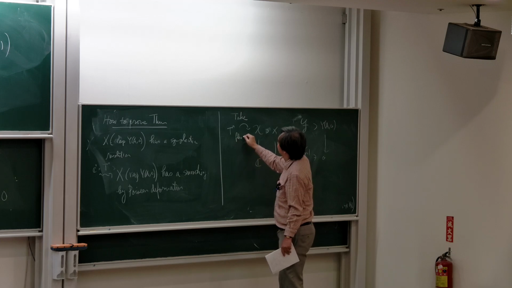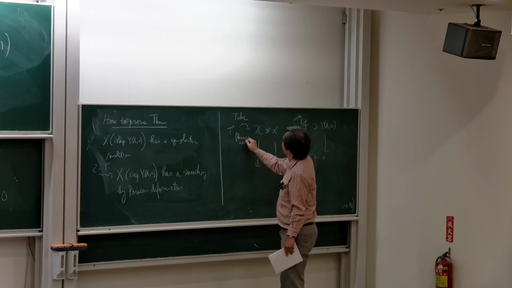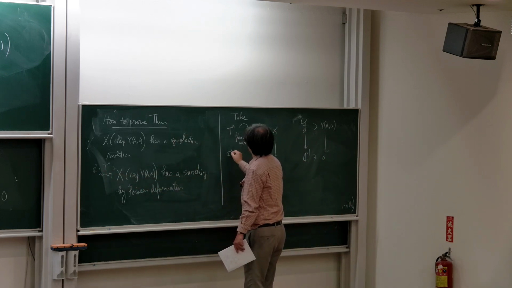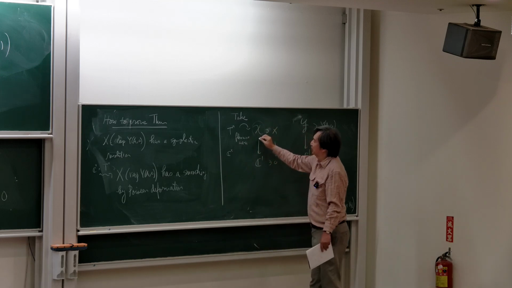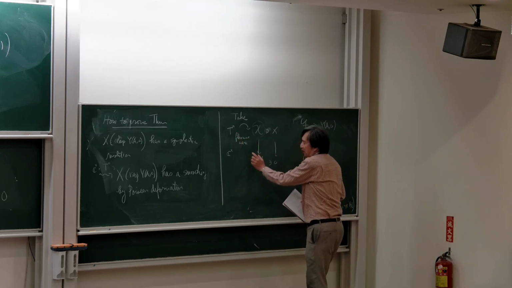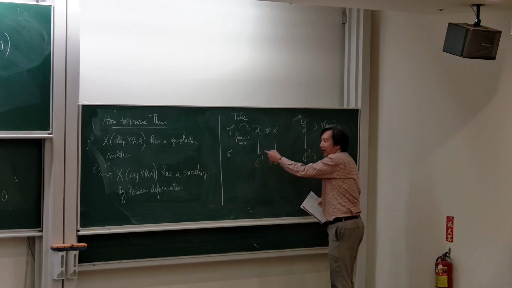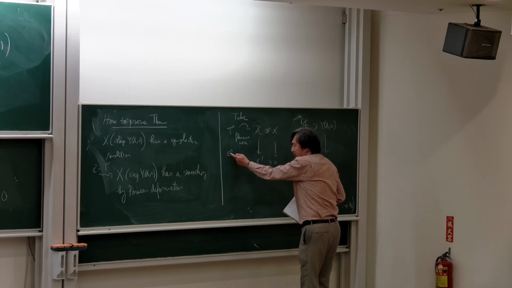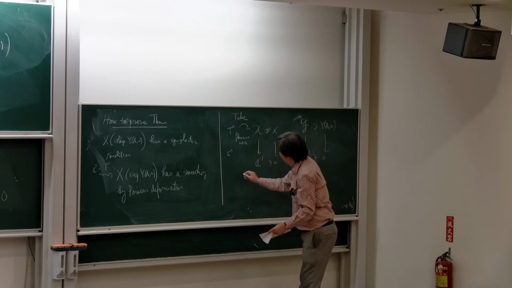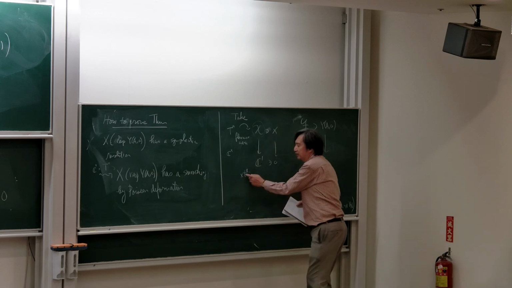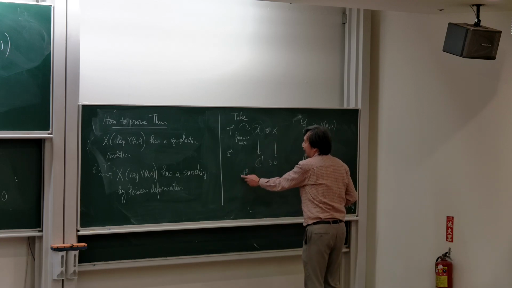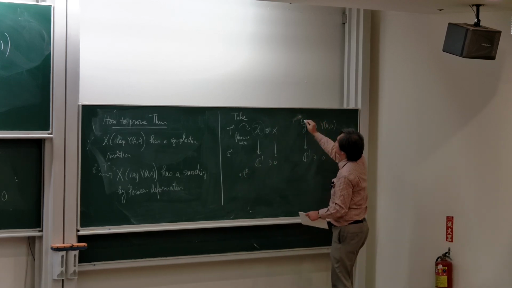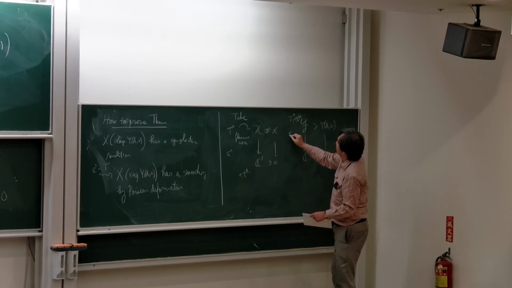This is a fiber-wise action. And the conical C^* action is a conical action. So this action acts trivially on the space, but this C^* action acts in the conical way, and acts on this space by scaling by t to the power n. So, and you have the same things here and a C^* action.